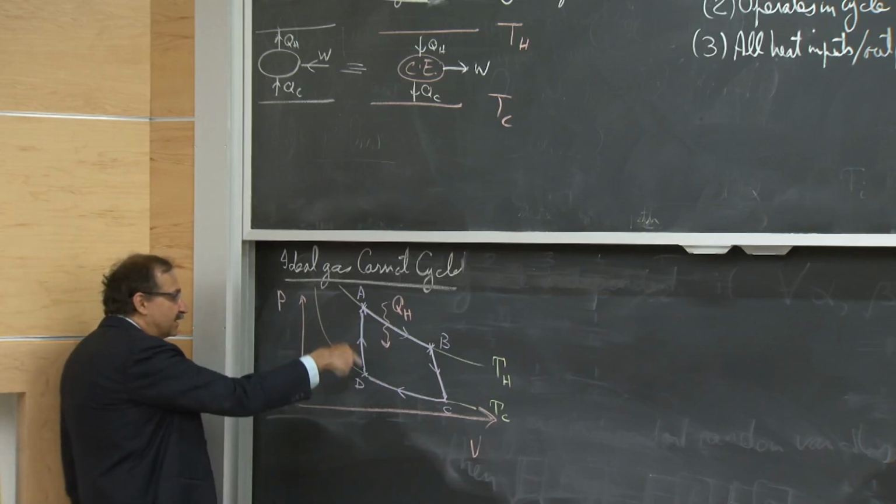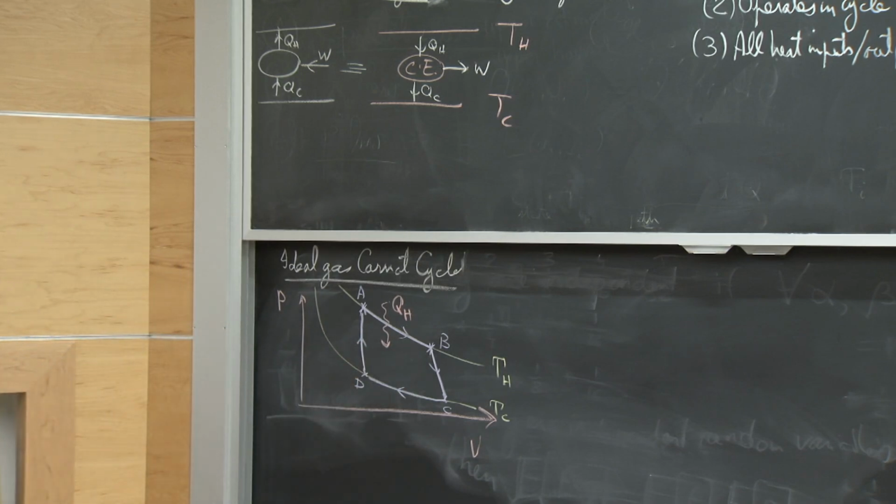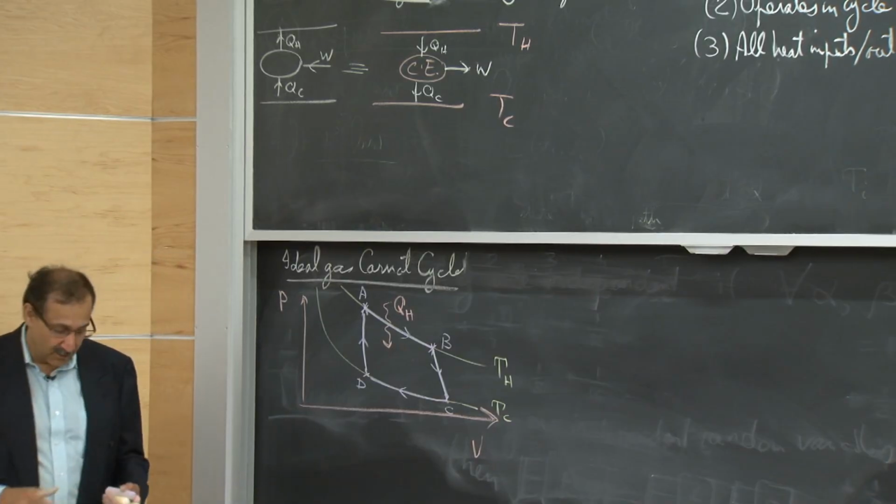So it's necessary that I should be able to construct these two paths, BC and DA, that correspond to no heat exchange, and somehow I'm sure that I can complete a cycle.